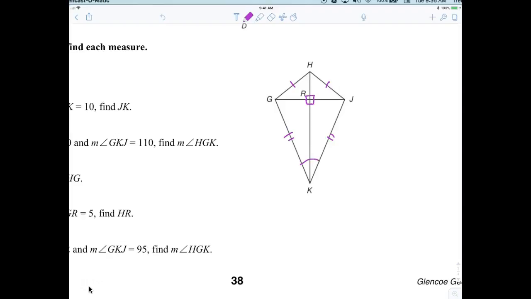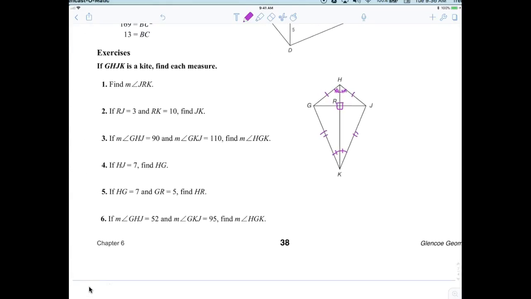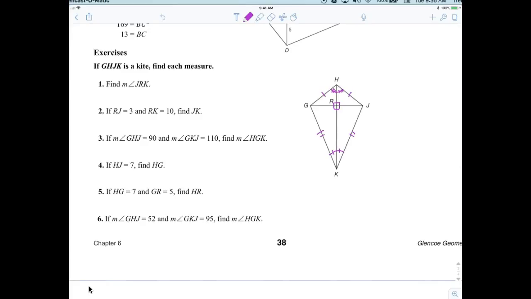And then if you want, just to make yourself, that's congruent to that. And these angles are congruent. All right, that's what you should know, given that it's a kite. Now, from that, it says JRK.